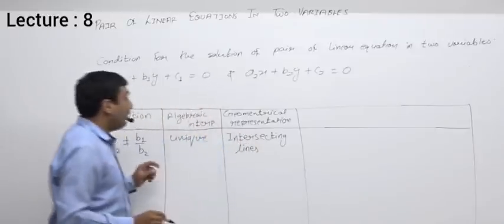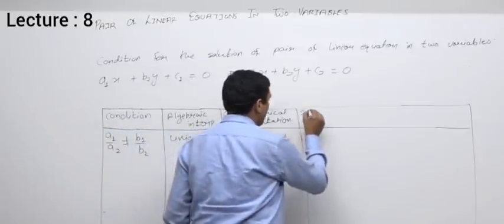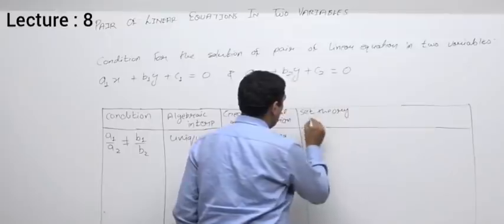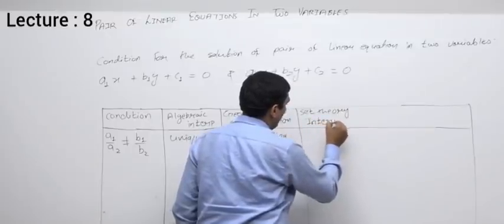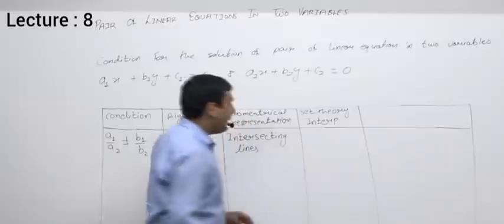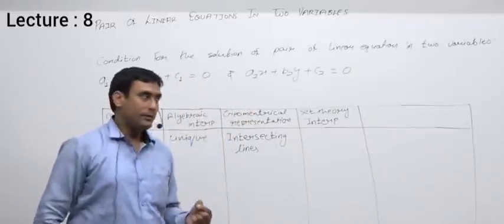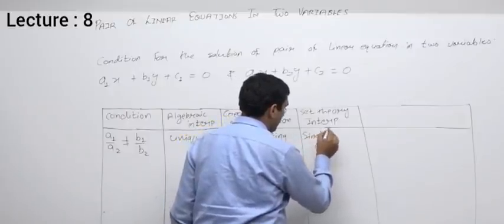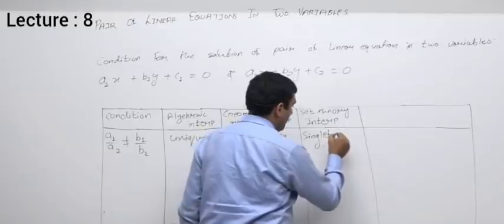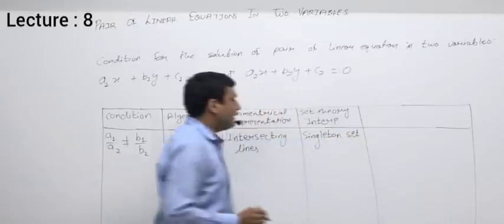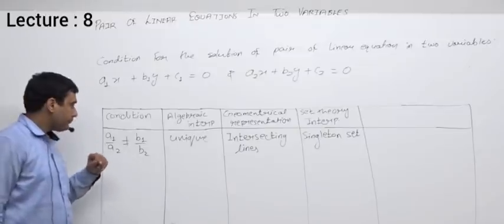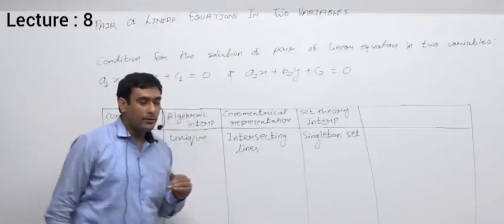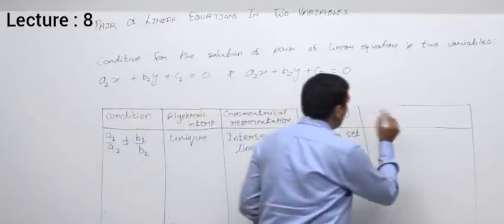In other words, in the set theory interpretation of the same thing, when two lines are meeting at a single point, we'll get a singleton set. There is one more term: when we get a solution, we'll say the pair of linear equations has a consistent system.